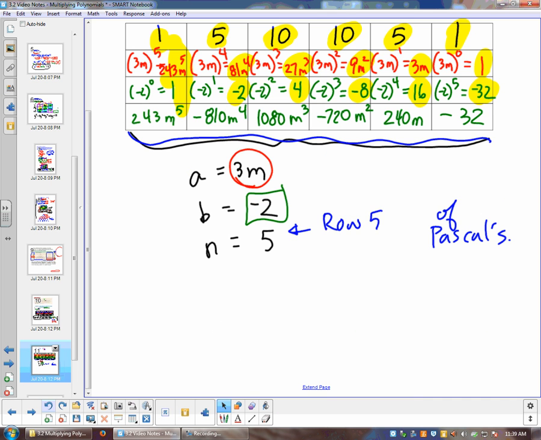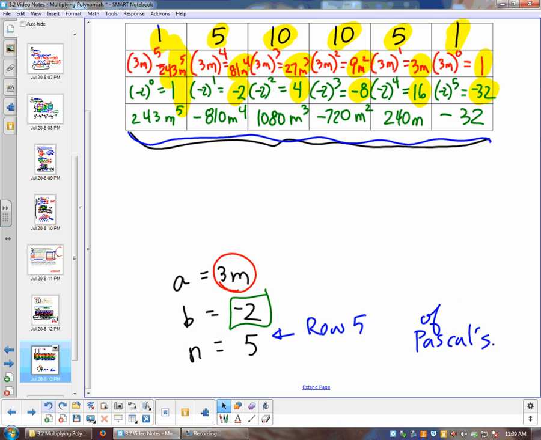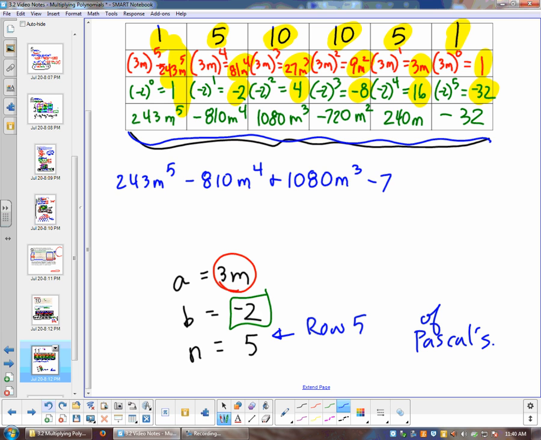So all together, our final answer for this problem is going to be 243 m to the 5th minus 810 m to the 4th plus 1080 m to the 3rd minus 720 m squared plus 240 m minus 32.